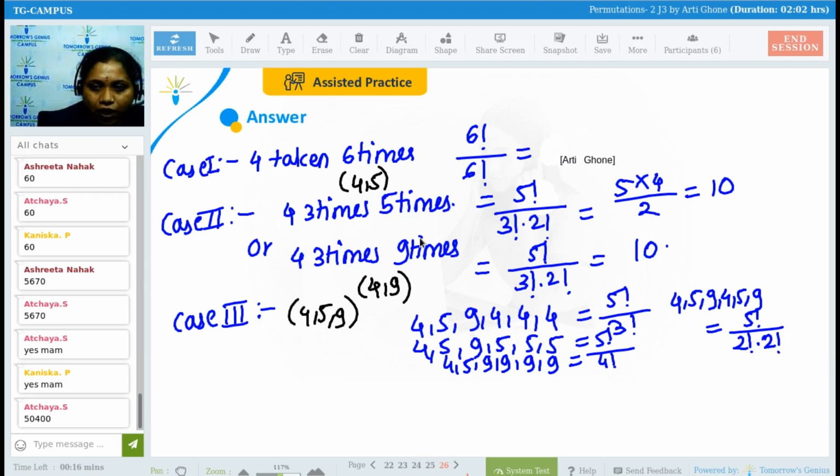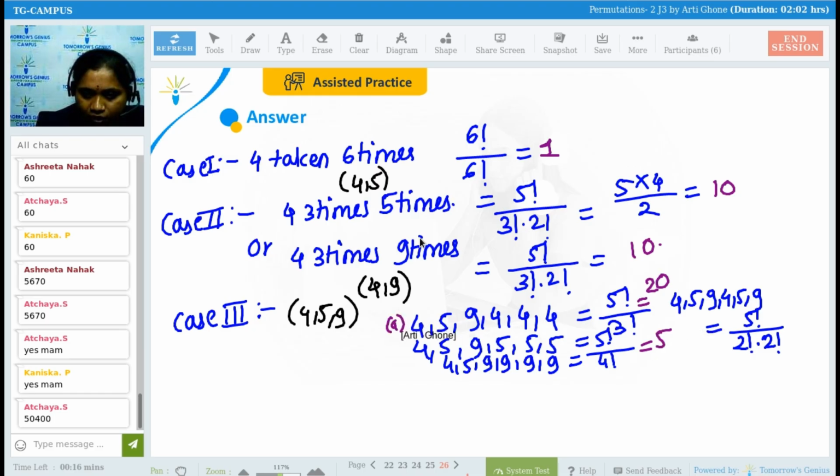I'm changing the colors of the final answers 1, 10, 10 so that it will be more beneficial to add. 1, 10, 10. Okay, this is 5 into 4, 5 fours are 20, and so on.